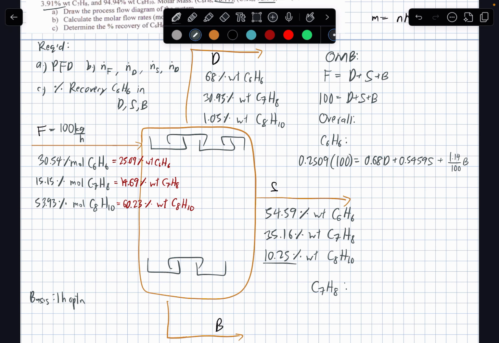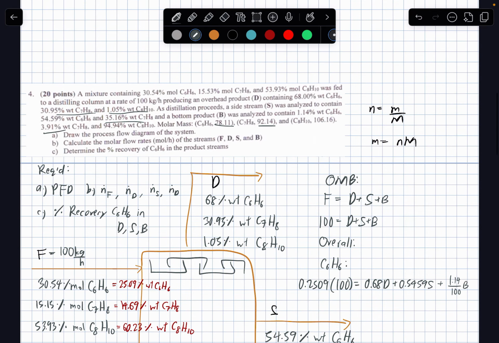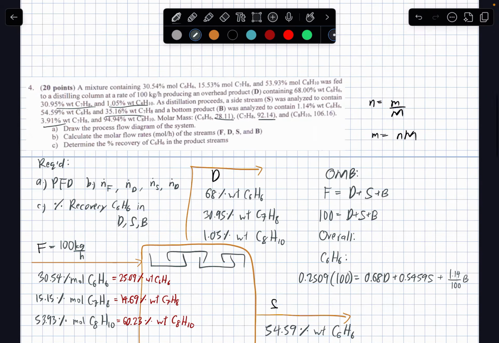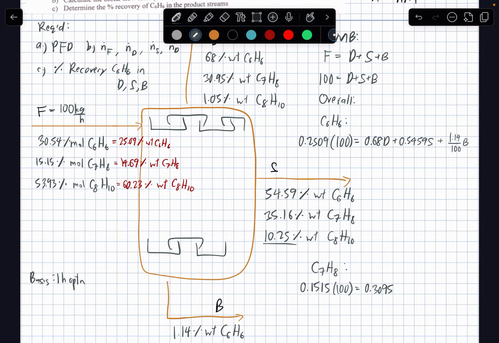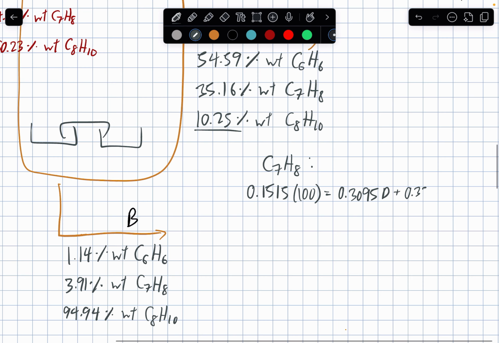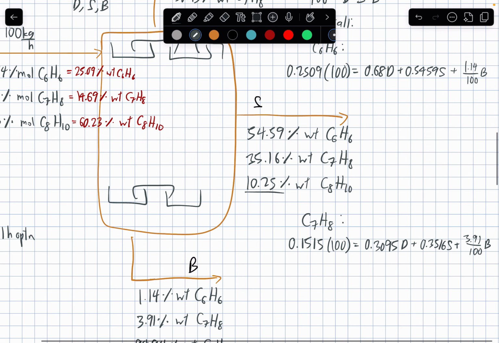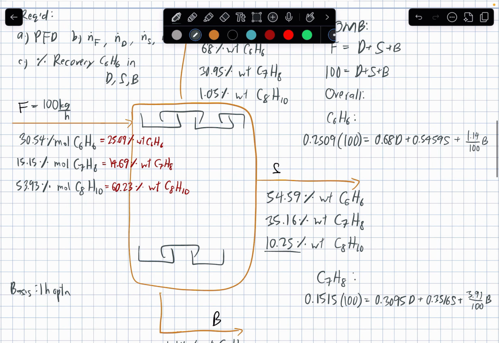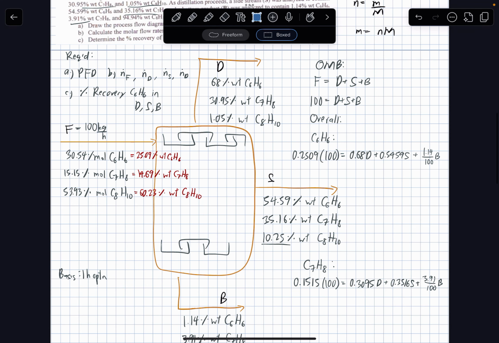C7H8? 0.1515 times 100 is equal to 0.3095 D plus 0.3516S plus 3.91 over 100 B. Okay, so we have three equations already.